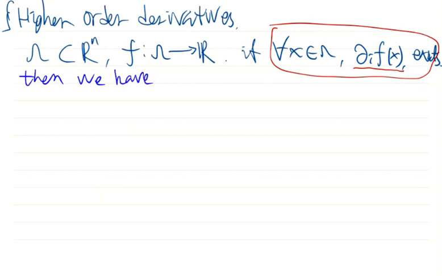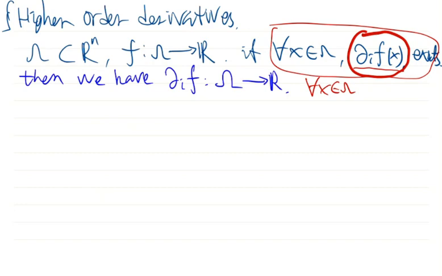This function is also denoted by dIf, which is a function defined in omega. How is this function given? For any x in omega, because the partial derivative exists, we can associate to this x the value of the partial derivative.